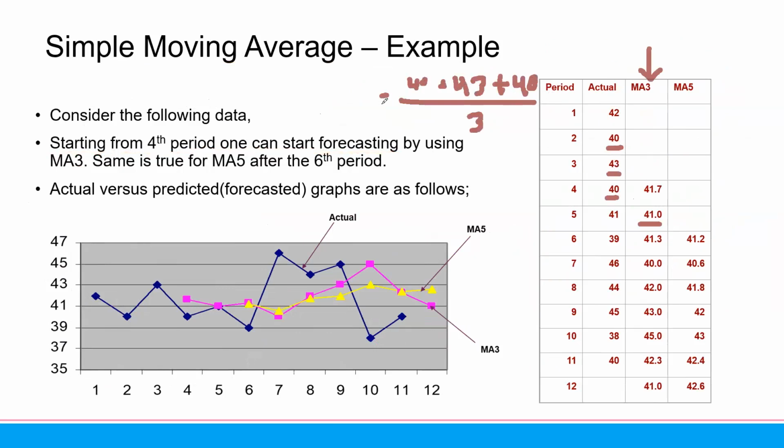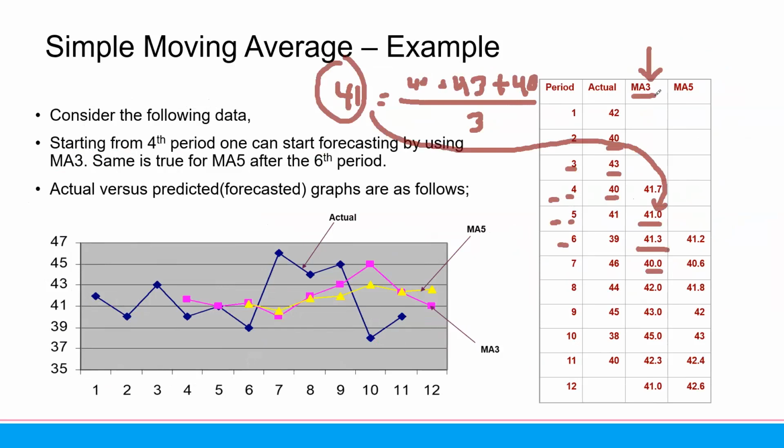Then the result will be 41. And this value will be the prediction result of this MA3. And so on. So this one is obtained from 3, 4, 5. This value is obtained from 4, 5, 6.